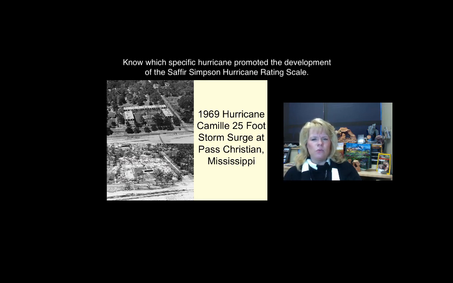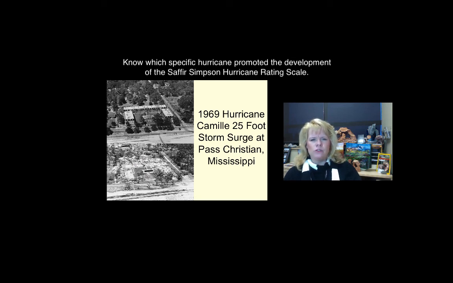So he worked with another gentleman who at the time worked for the National Hurricane Center, and they developed a scale that was in relationship to this particular hurricane, where this particular modeling and warning system was used for the very first time. In 1969, Hurricane Camille produced the largest storm surge on record that had ever happened to that date.